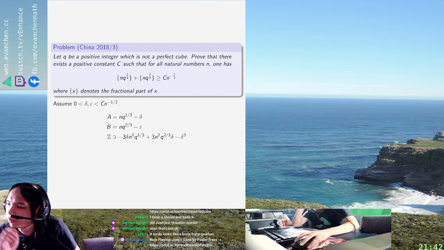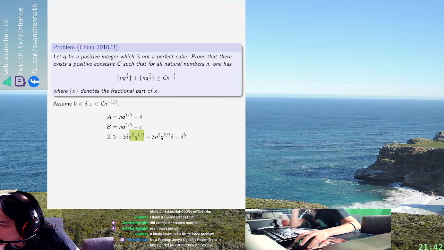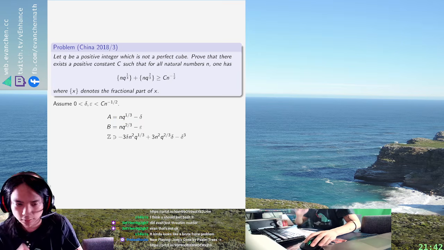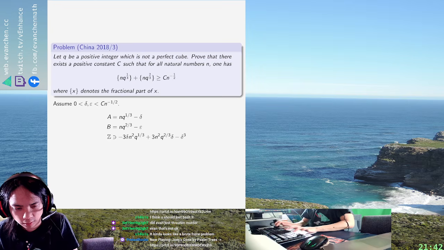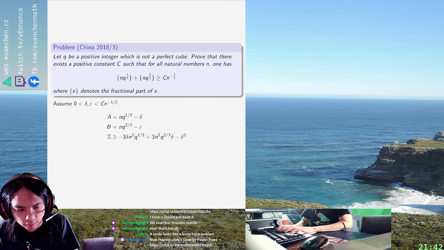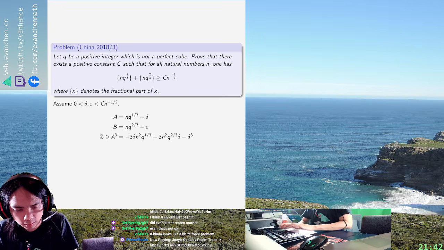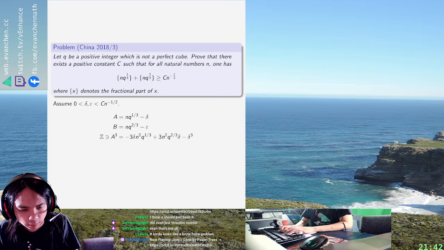So the term that I need to kill off is n squared q to the 1/3, which I can maybe get by squaring b. Oh, that's no good.